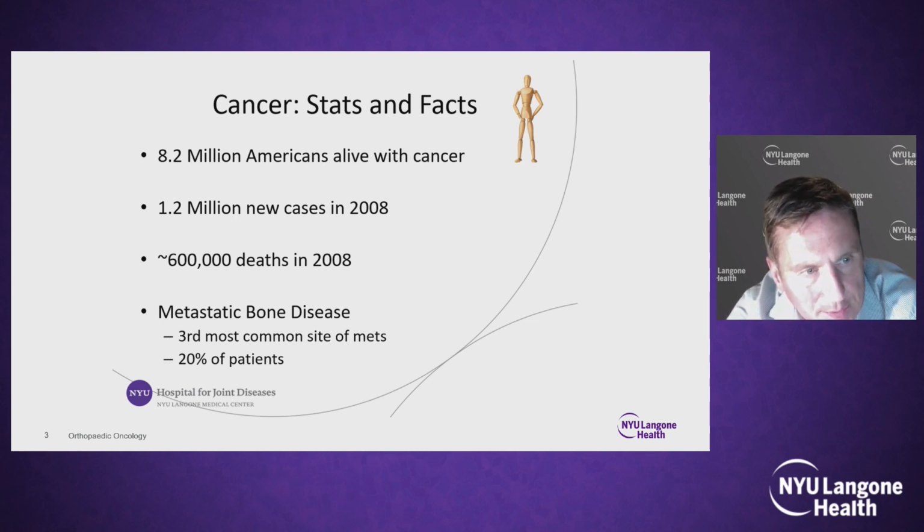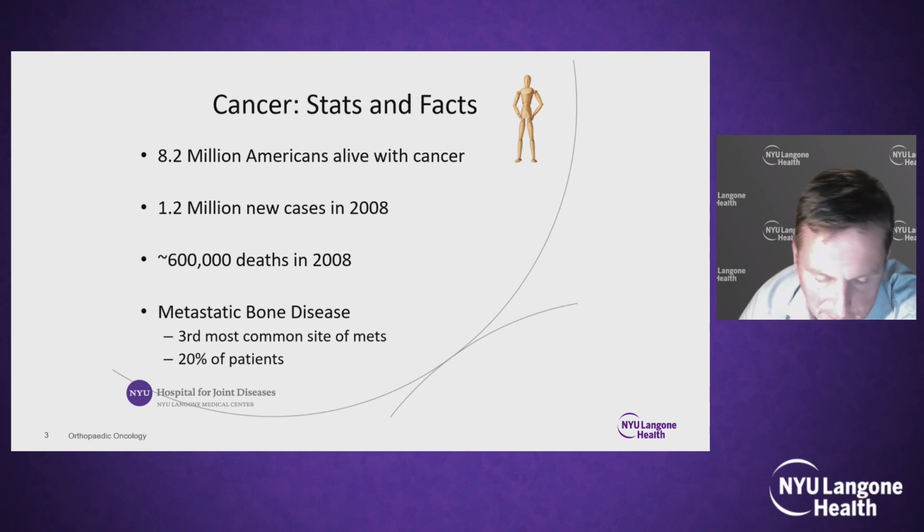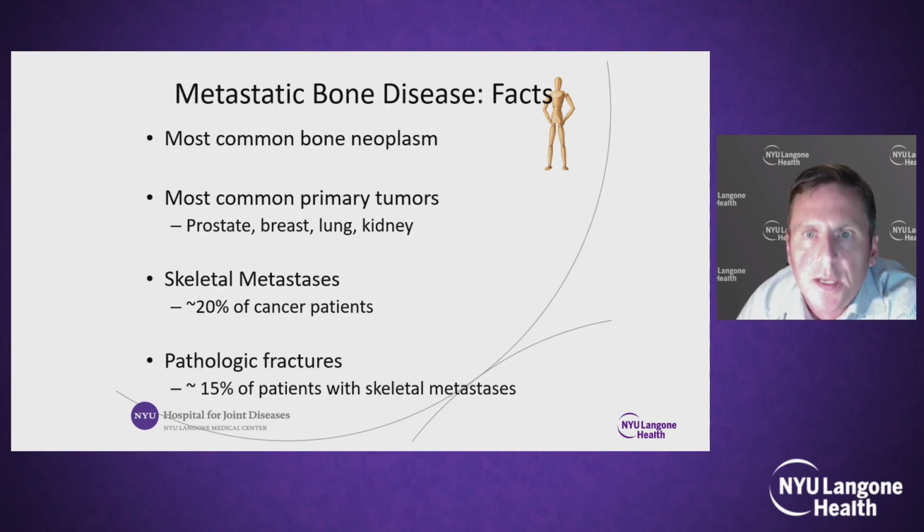So it's important not only to orthopedists, but because of the numbers, to oncologists, and even primary doctors that are following their patients who maybe have been managed quite well by medical oncologists for some time, but have bony metastatic disease. This again is kind of an old slide, but it has interesting factoids.